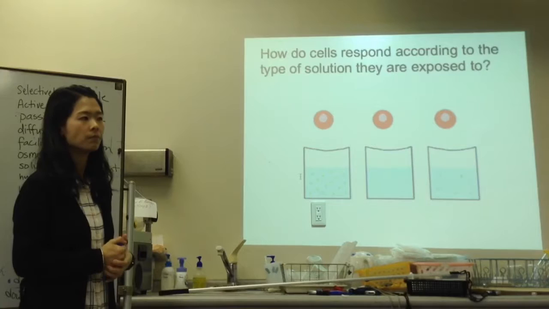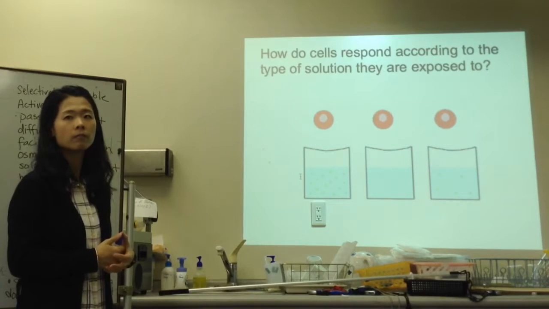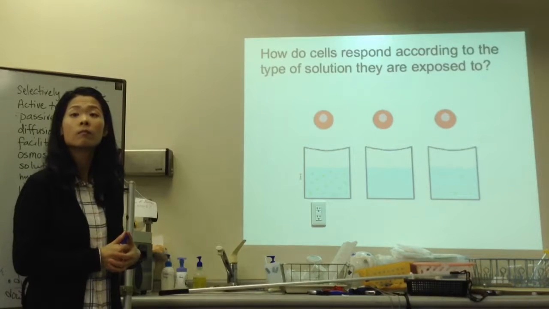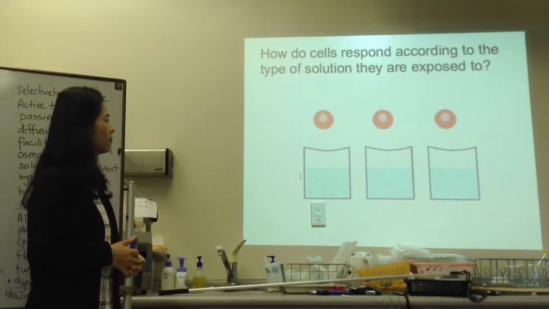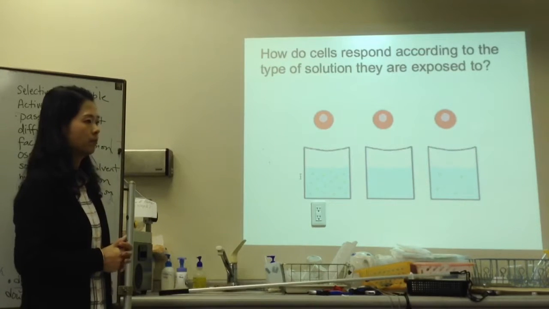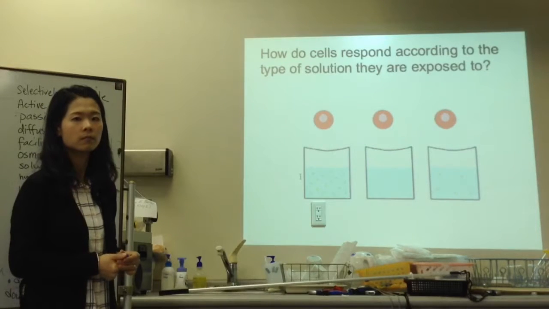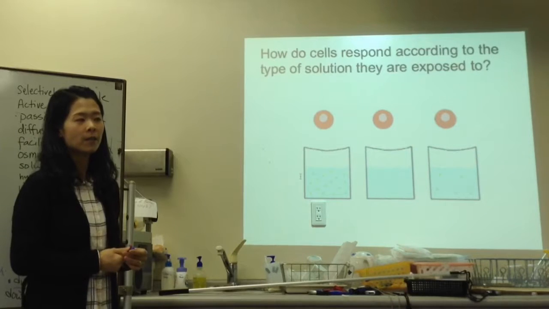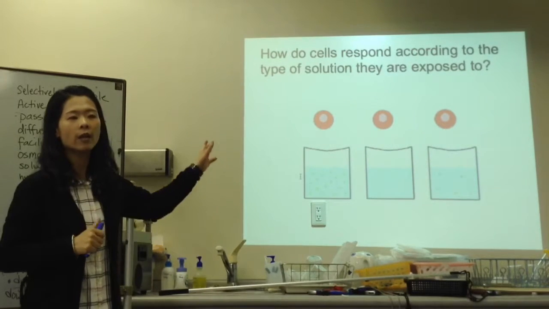So the water would just go in the cell. The first one? Okay, if we're assuming the cell has a lower concentration of green stuff, I'll let you discuss or think about it.